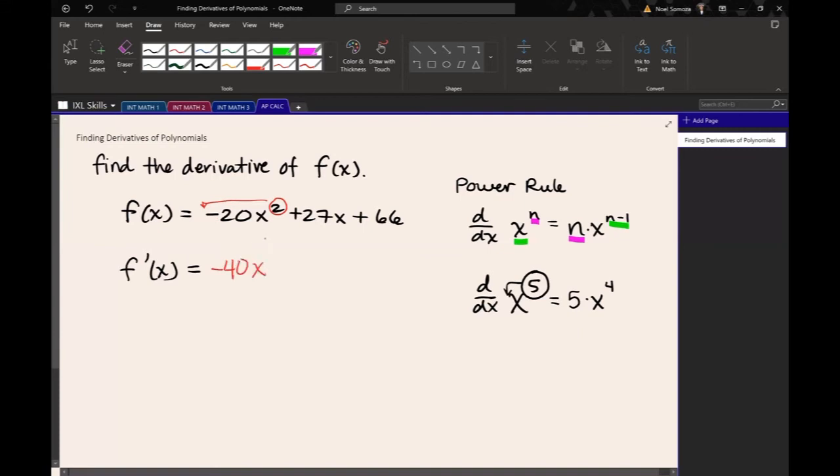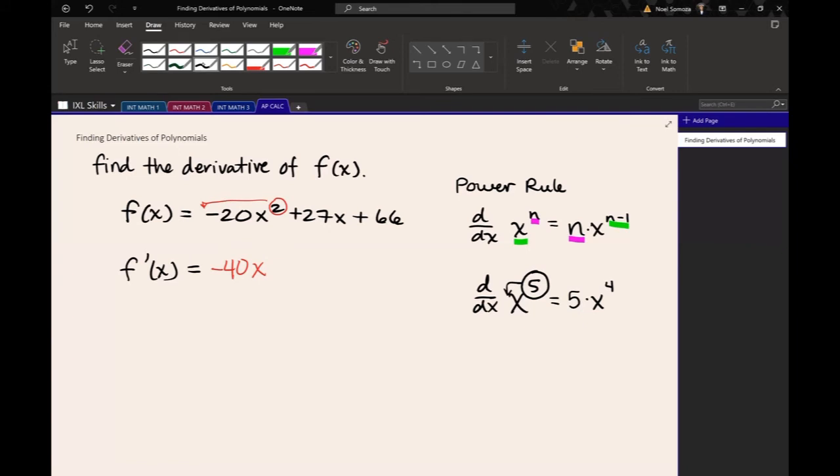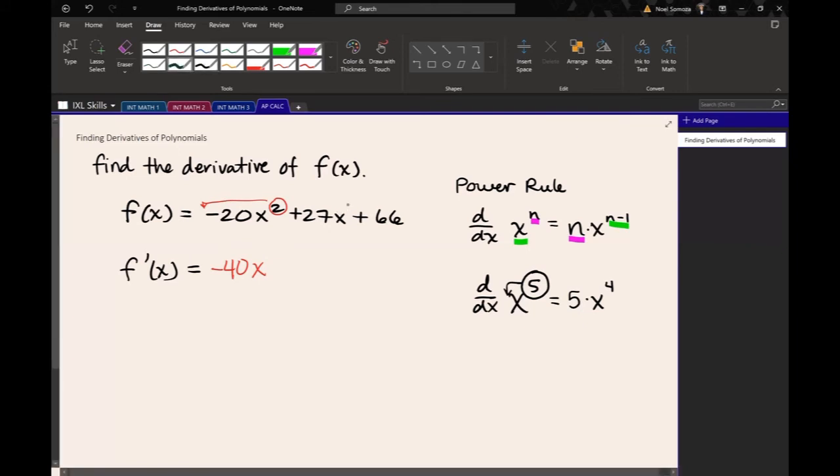I still have x, but I need to drop the power by 1. Instead of a power of 2, I subtract 1 and end up with x to the power of 1. Since it's the power of 1, I don't need to write it. Now we do the same thing with 27x. 27x has a power of 1. If I apply the power rule, it would be 1 times 27, so it's plus 27, but it's 1 minus 1 power, so that's x to the 0.